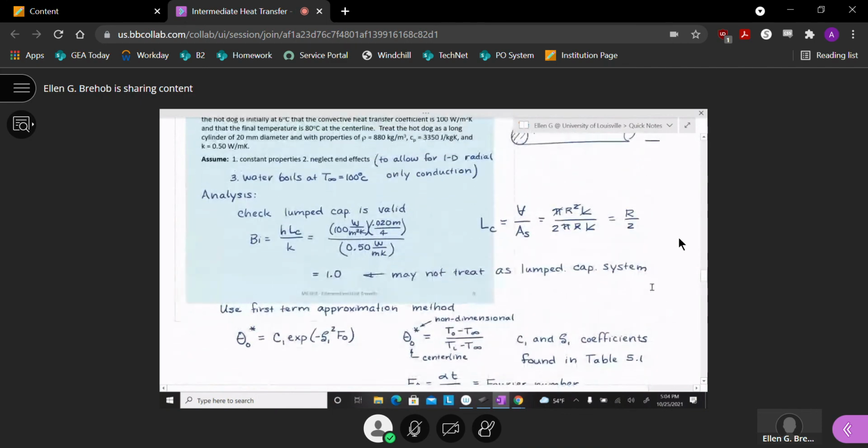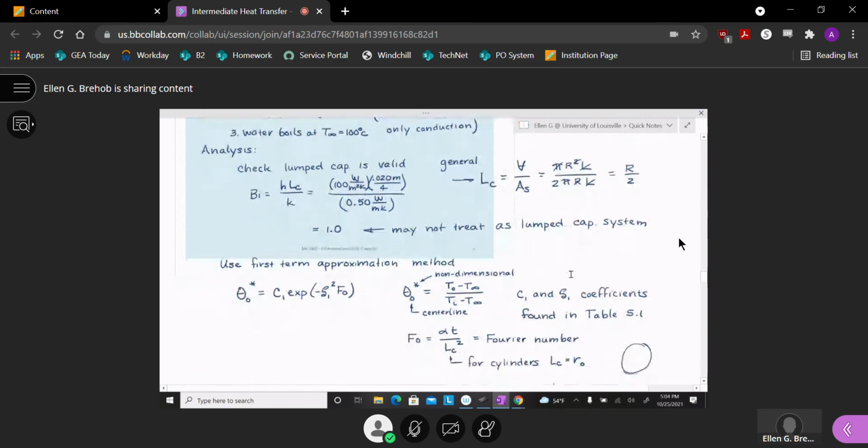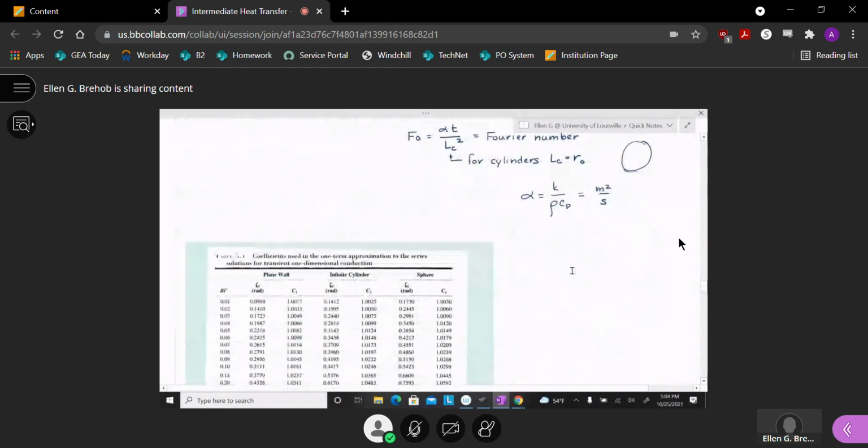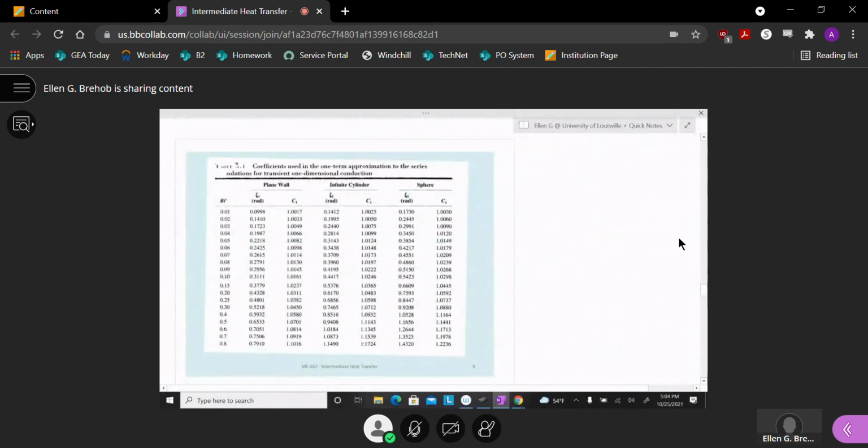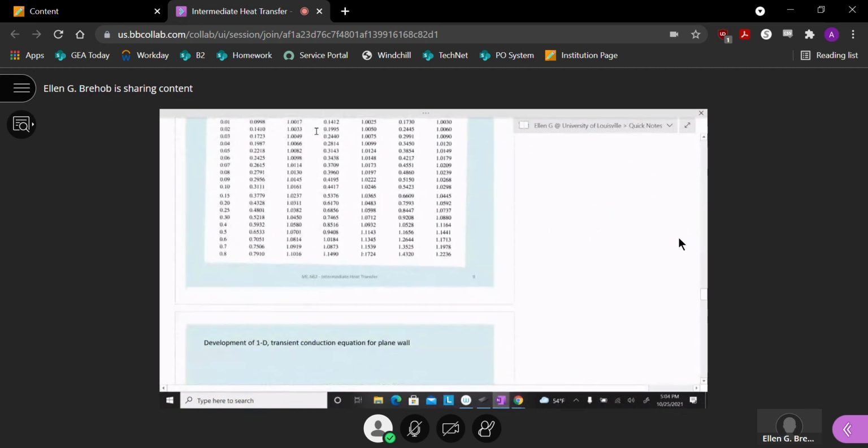So this is our general rule to use to determine if we can use lumped capacitance. And it ends up giving us a little bit wider range for applying lumped capacitance, which I think you're going to like better. You're going to think, yeah, that's a little bit easier to use. But once we cannot use lumped capacitance and we start using this first term approximation, this chart, so this is 5.1, if you look at the bottom of chart 5.1, it has a note.